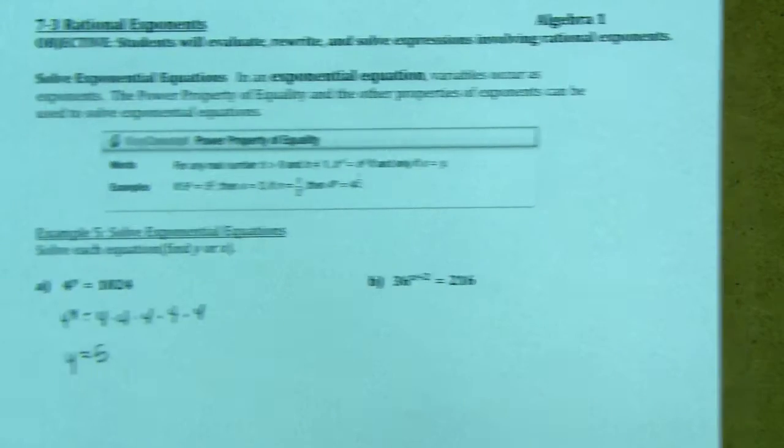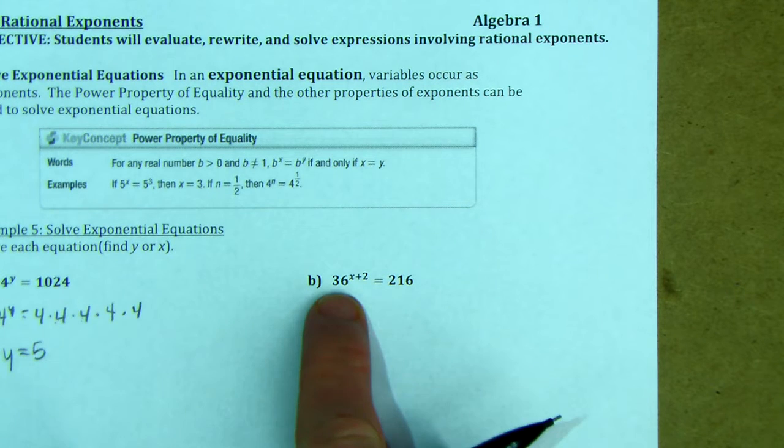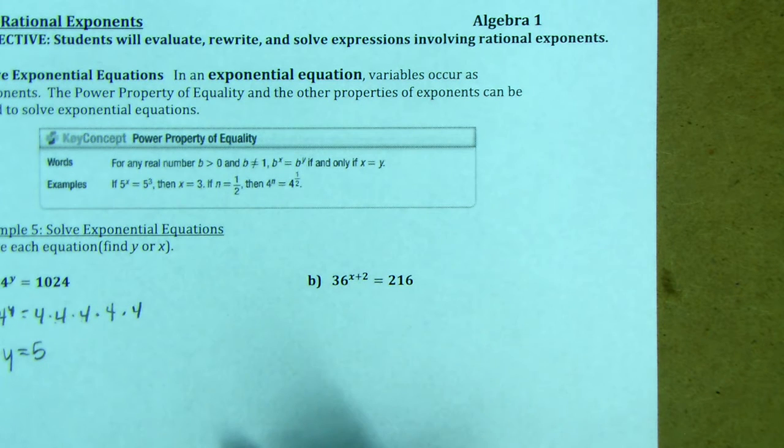All right, B is a little more complicated, because take a look at that. I got 36 to some exponent gives me 216. Well, guess what? 36 squared is bigger than 216. So I know that's going to be a fractional exponent. Any ideas what we're going to do here?